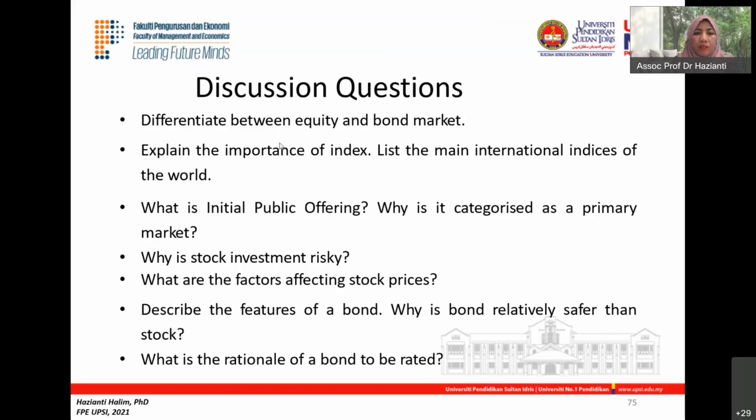The importance of index, initial public offerings, why stock investment is risky, what are the factors affecting stock prices, the features of bond, and also what is the rationale of a bond to be rated. All the answers are in the notes, but you can try, and you should be able to, for example, explain the difference between equity and bond. How would you explain the difference between equity and bond market in our capital market?